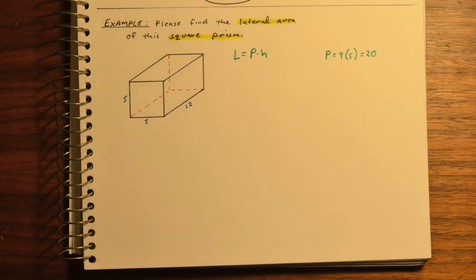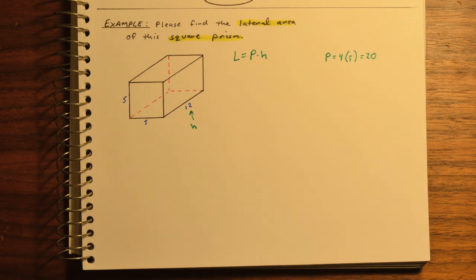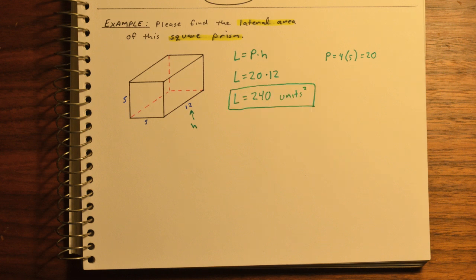So the perimeter of the base is the perimeter of a square with a side length of 5. The height, even though it doesn't look like it, is the distance between the two bases. Since the bases are squares, the height here is 12. So lateral area is 20 times 12, which is equal to 240 square units.